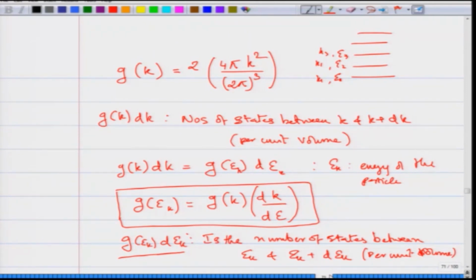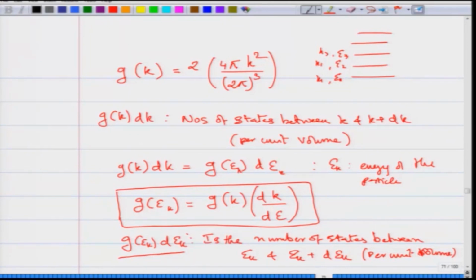therefore, since the total number of states is going to remain constant, whether you look at it in terms of momentum or in terms of energies, the total number is always constant. So, Gk dk is equal to Ge dE. Whether you count the total number of states with respect to energy or momentum, each state is labeled either with the energy or with the momentum, and the two are related to each other.